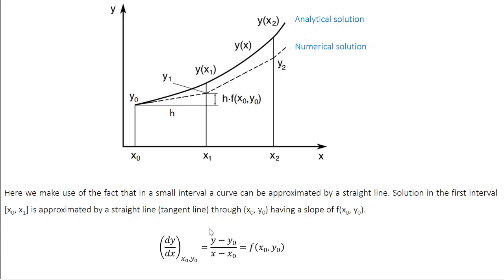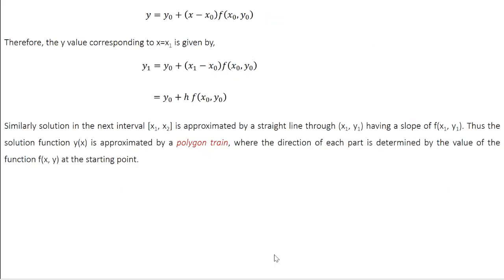Now mathematically, let's see what it means. So the tangent is nothing but the derivative, right? So the tangent at the point x naught y naught, I can write as dy by dx at x naught y naught. And I can expand this as delta y by delta x, where delta y is y minus y naught, and delta x is x minus x naught. This is nothing but f of x naught y naught. From this I can write y minus y naught equal to x minus x naught into f of x naught y naught, or y equal to y naught plus x minus x naught into f of x naught y naught.